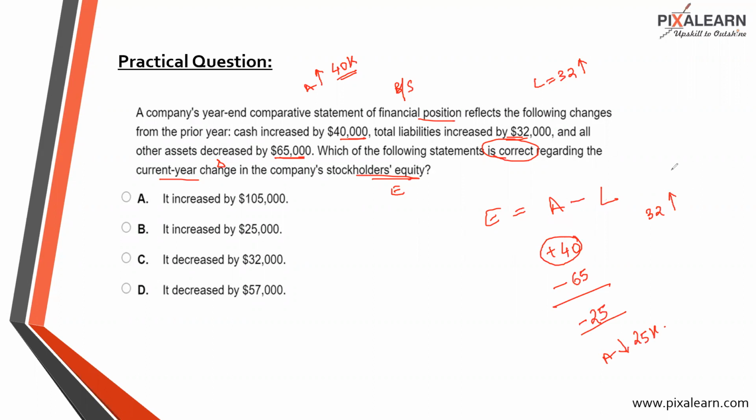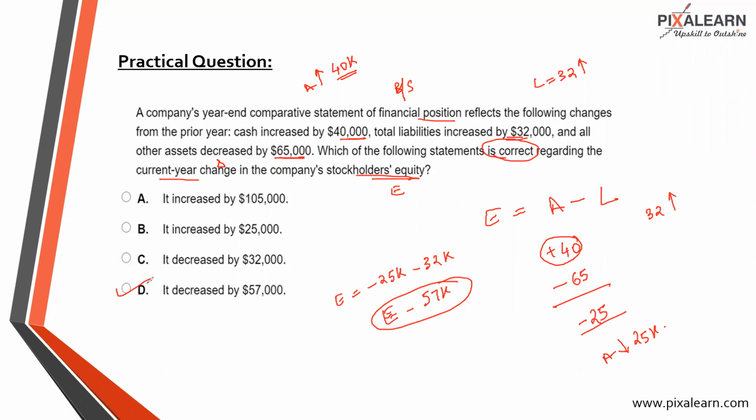So if you look at it, if this equation has to hold true, this essentially means that my asset went down, my liability increased. Typically, this also would have decreased my equity. So the net change in my equity was typically addition of these two. So on the whole, if I look at it, my equity would have shrunk by $57,000, which is the D, if this was the situation.